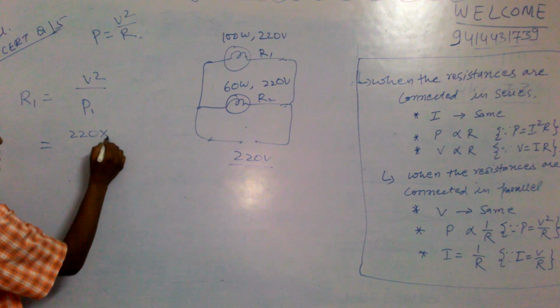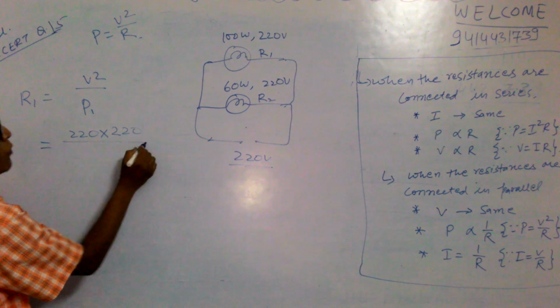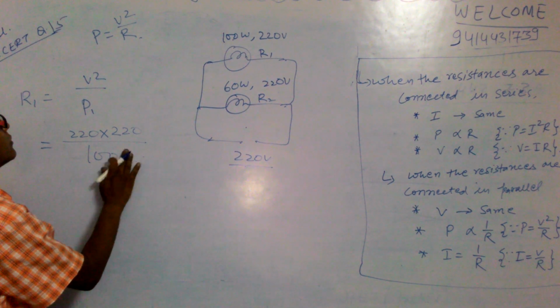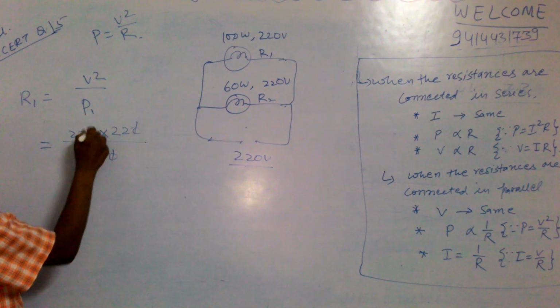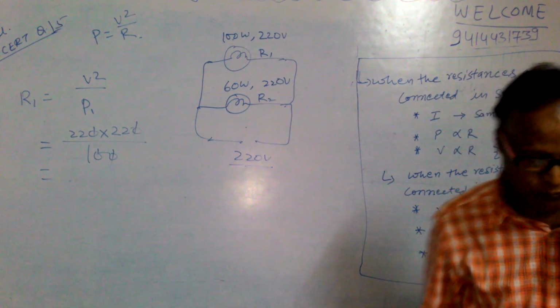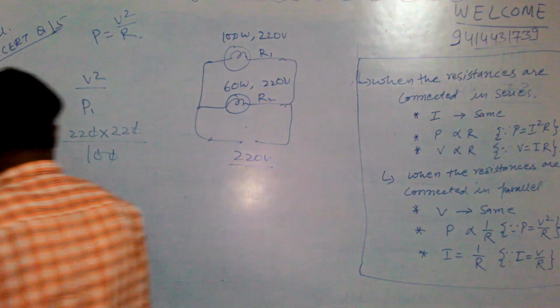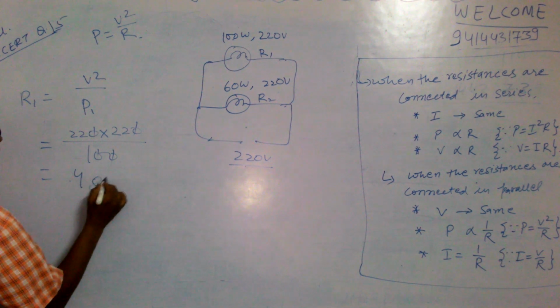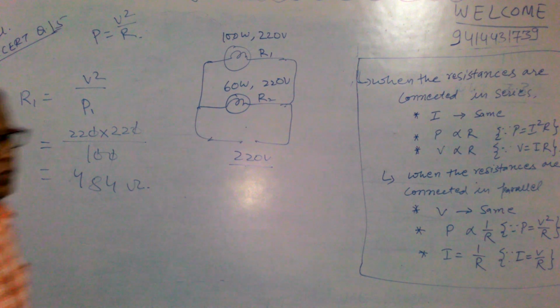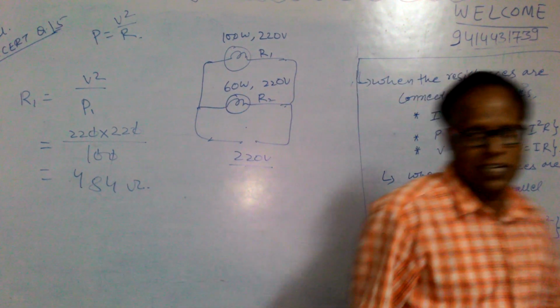So 220 into 220 upon power 1, which is 100 watt. Zero to zero cancel. 22 into 22, that is 22 square, is 484. So R1 is 484. Similarly, calculate the other resistance.